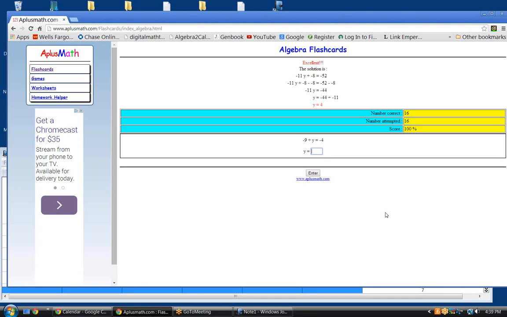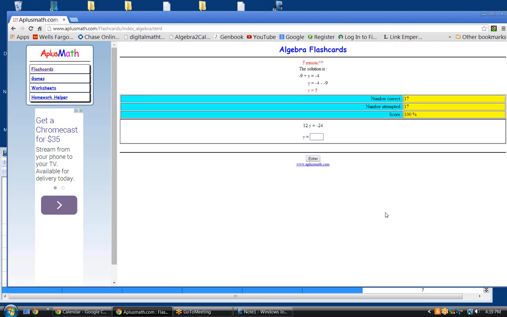Y equals 5. It's got to be relatively exciting, because I think for the first time you're able to do these. Am I right or wrong? Yeah, you're pretty right. Yeah, we should have done this last year.